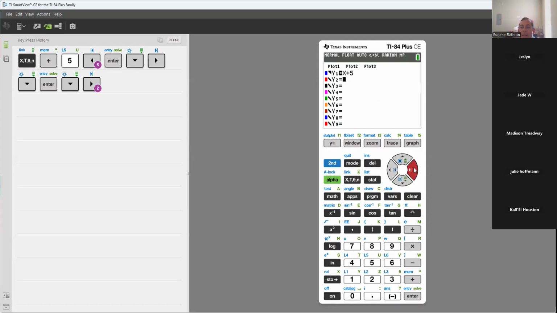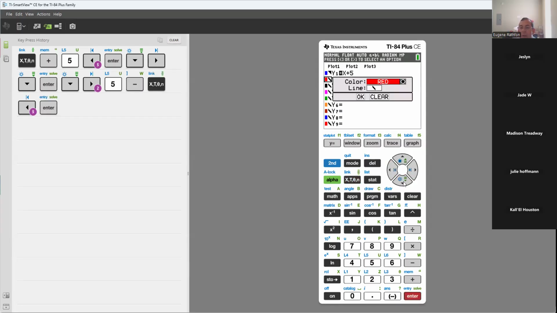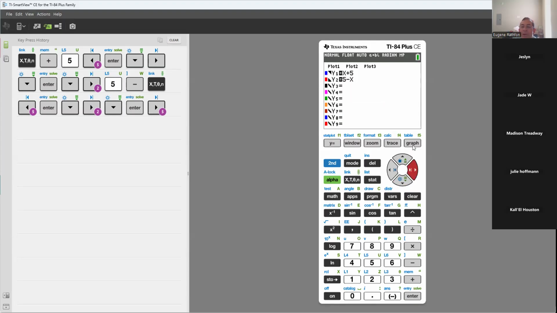Now I'm going to put in the second equation, which was 5 minus x. Arrow all the way left. This one was less than, so I'm going to hit enter. And come down the line and arrow right until I get the triangle bigger on the bottom. And then OK. The only difference is on this graph, you can see really easy where they're overlapping.